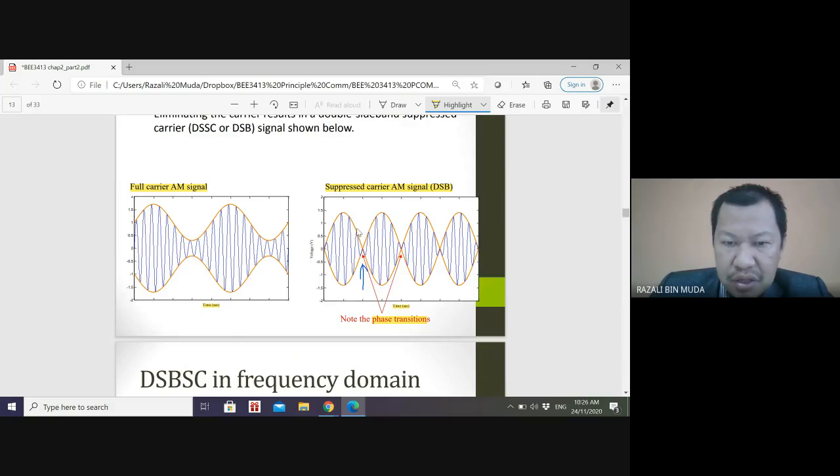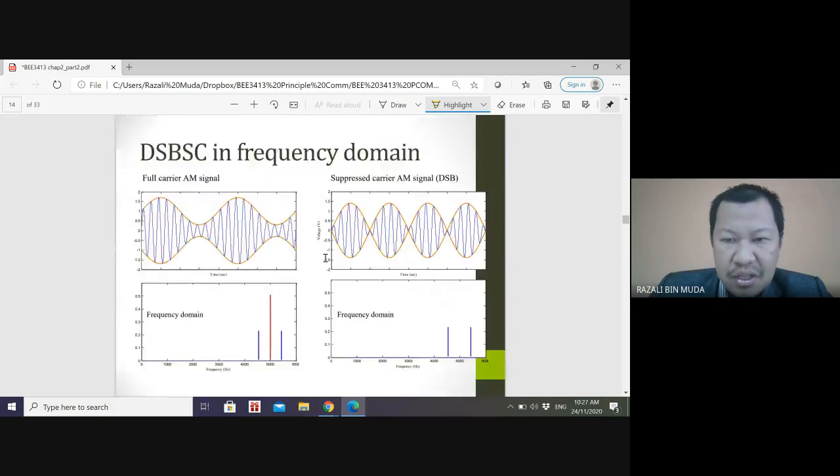The direction changes: instead of going that way, it goes this way. So there is a little bit of effect on the signal when we remove the carrier.